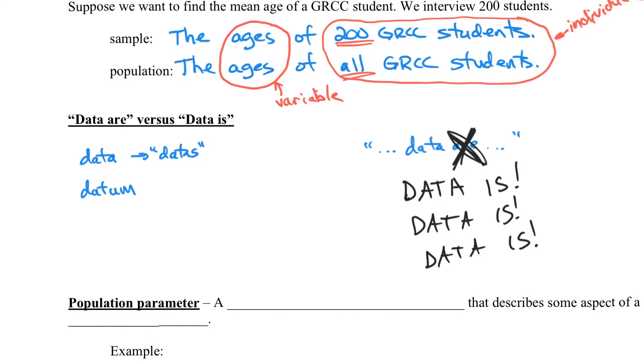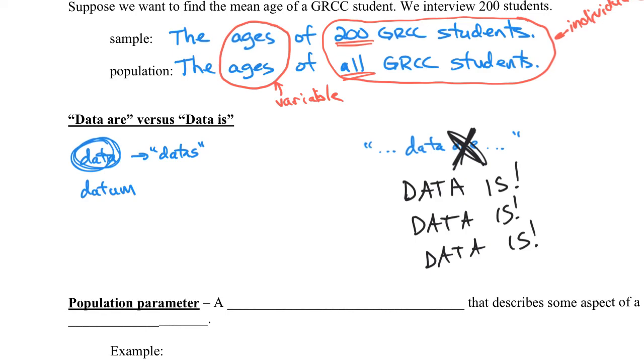But in technical fields, the way people will read data is they'll think of it as plural, so they'll say data are. Now, in other fields that are not technical, they'll be more interested in how it sounds. Sometimes technical people are more interested in being consistent. So they're going to say data are. Our book will always say data are. But in everyday writing, people will typically say data is.